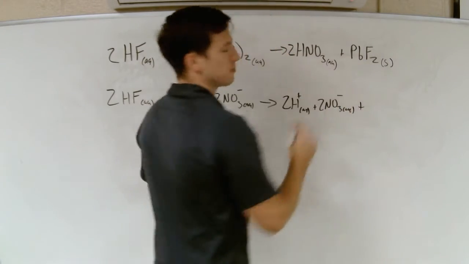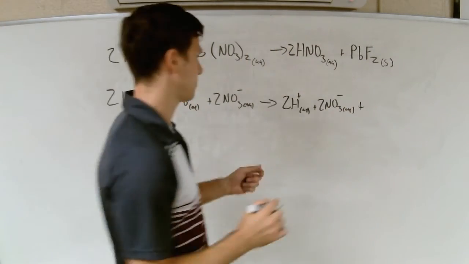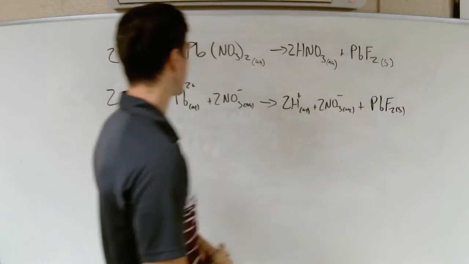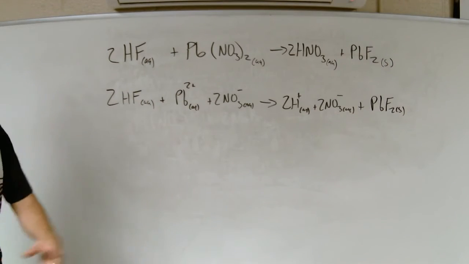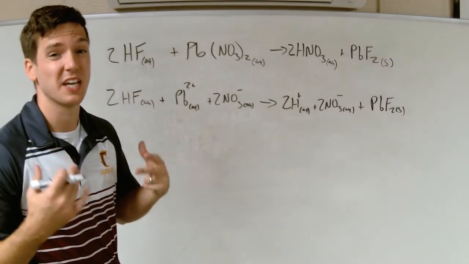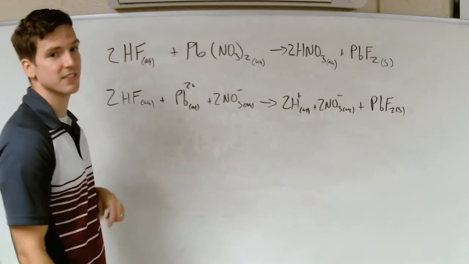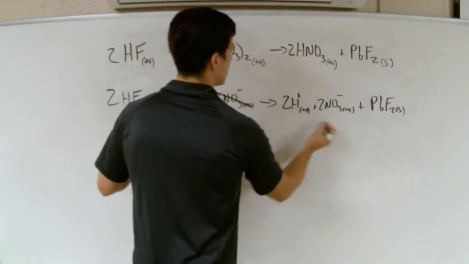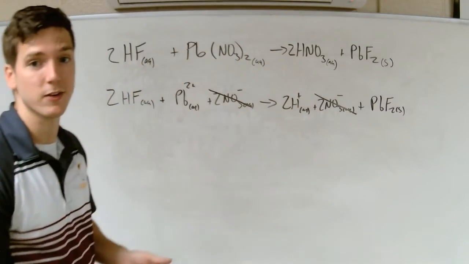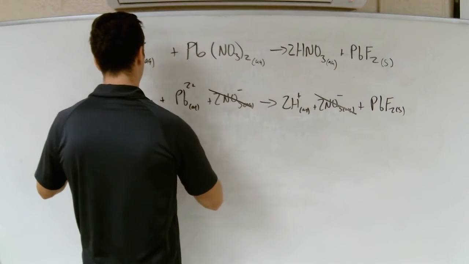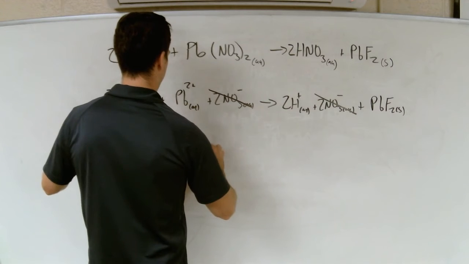And then PbF2 is a solid, so we don't split it up. That's our complete ionic equation, and then we cross out things that are the same on both sides. The only thing that's the same on both sides here is 2NO3-. So that was our spectator ion. We just had one this time. So now we just combine the things that we have left.